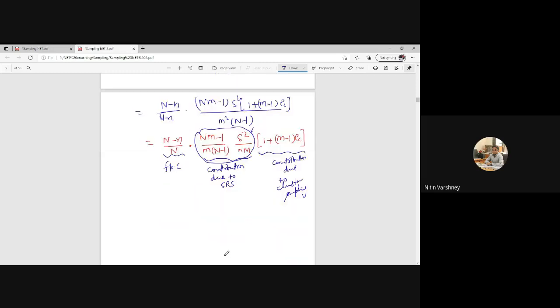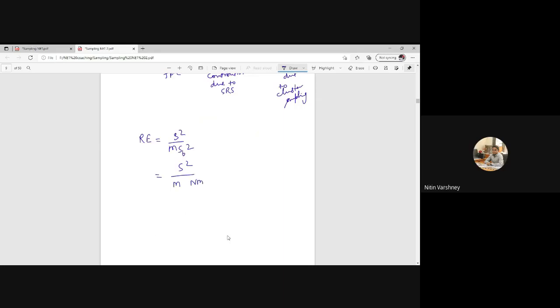Now the last thing in this cluster sampling is the estimate. We know that relative efficiency is what? S square upon m Sb square. Now if I put the value of Sb square here, that is (nm minus 1) S square (1 plus (m minus 1) rho c) upon m square (n minus 1).